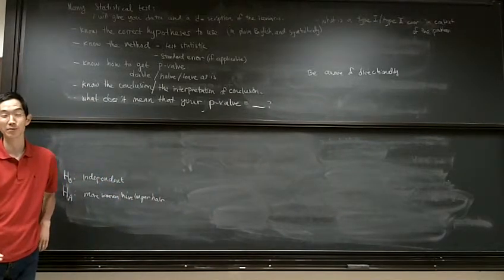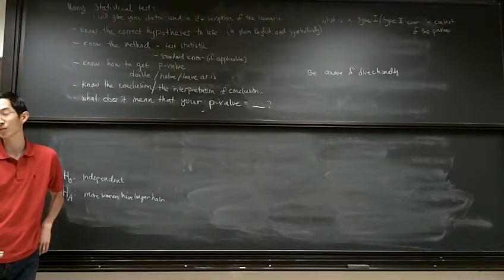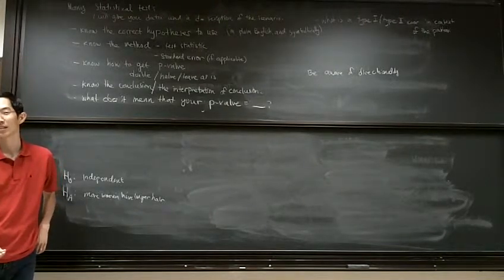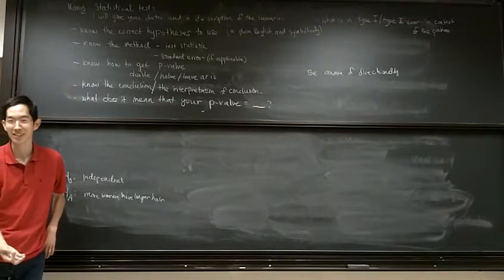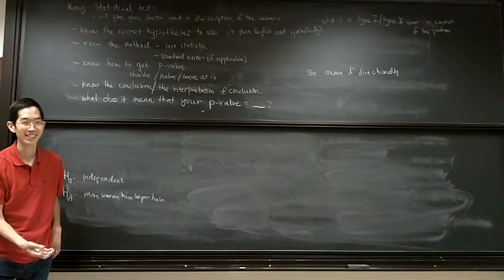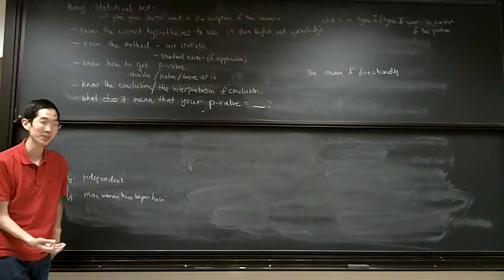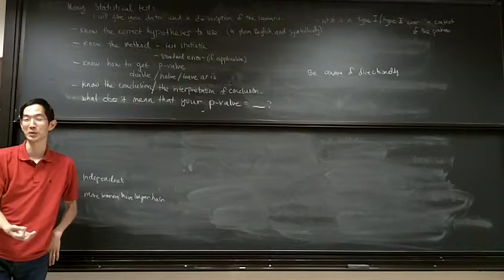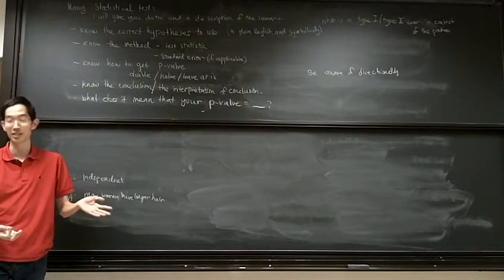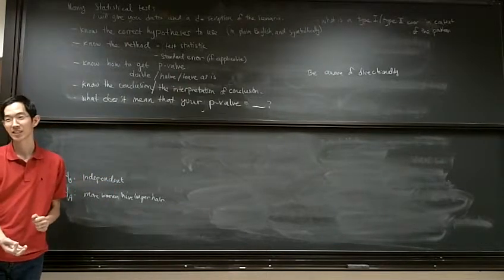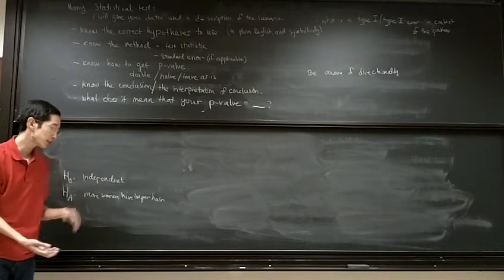Chi-square test for goodness of fit. Can chi-square goodness of fit be directional? Yes, it can be directional, only if you have two categories.